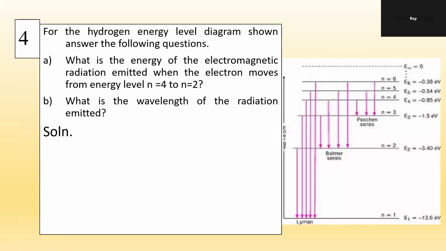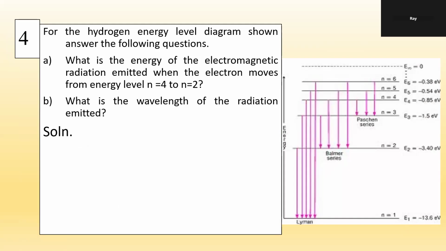For the hydrogen energy levels shown, answer the following questions. What is the energy of the electromagnetic radiation emitted when an electron moves from energy level n equals 4 to n equals 2?